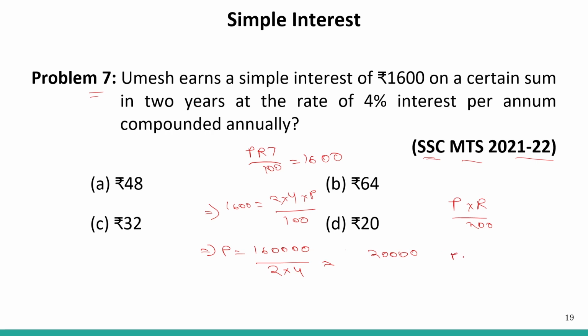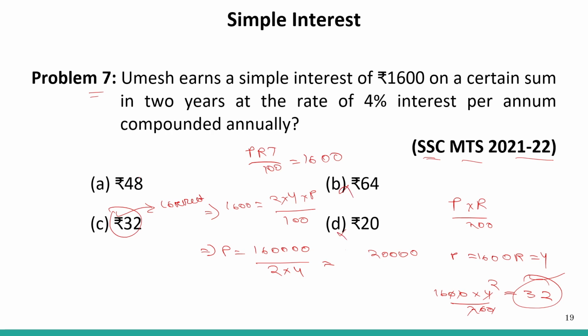So P is equal to 1600, R is equal to 4. The difference will be 1600 into 4 by 200, which is equal to 32, because cancelling the 2, it is 16 into 2 is equal to 32. So 32 will be the correct answer.